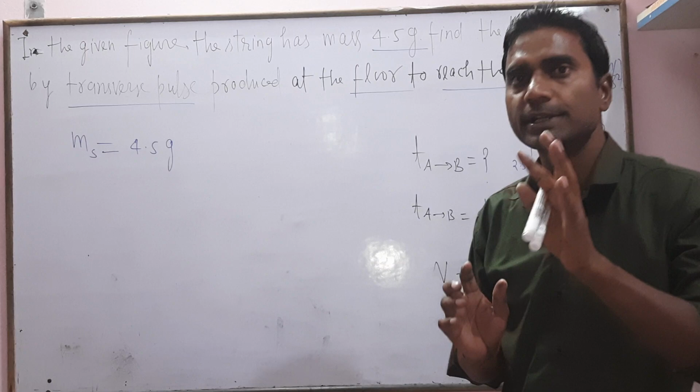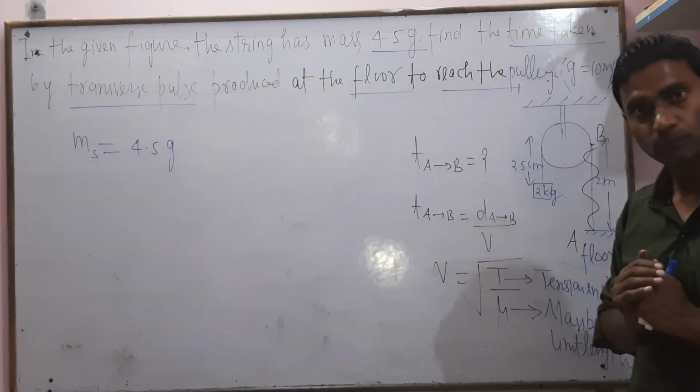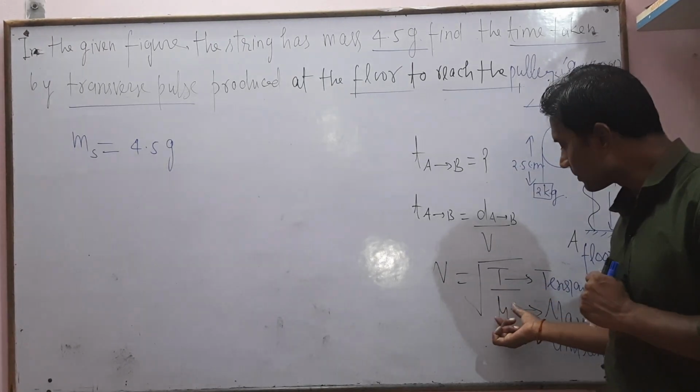Always remember that: T is the tension in the string and mu is the mass per unit length.